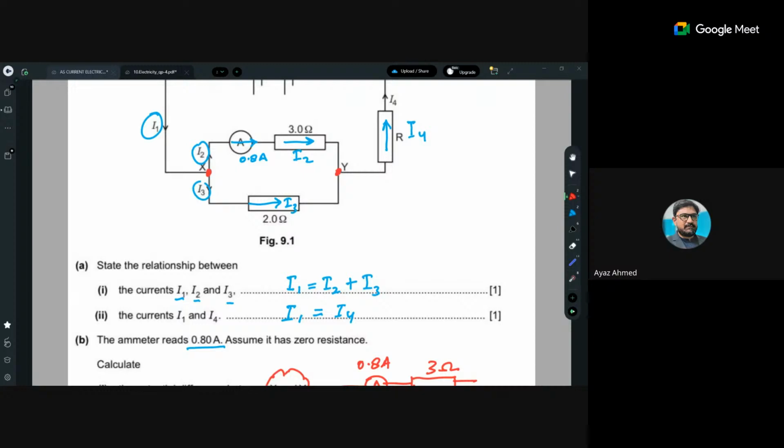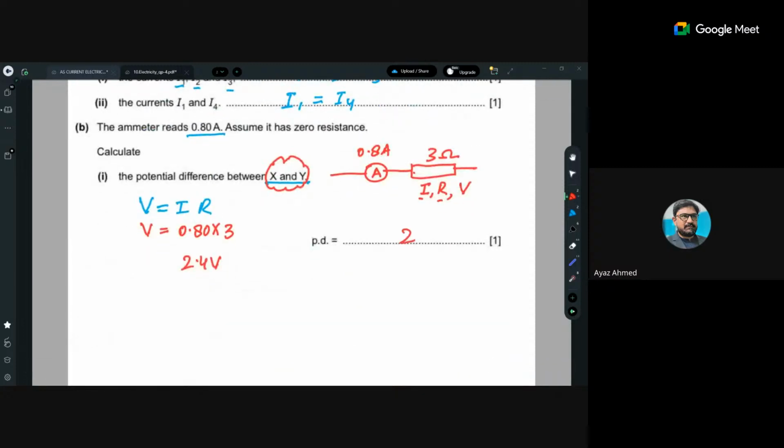So the problem is, this 3 ohm resistor and this 2 ohm resistor, are they in parallel or not? Yes, sir. That is why the potential difference between these two parallel resistors would be the same. So you can say that this is 2.4 volt. Got it? Okay.